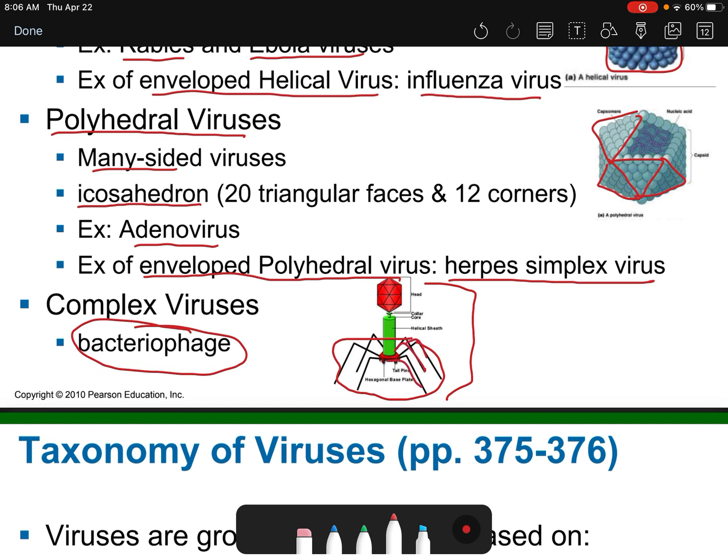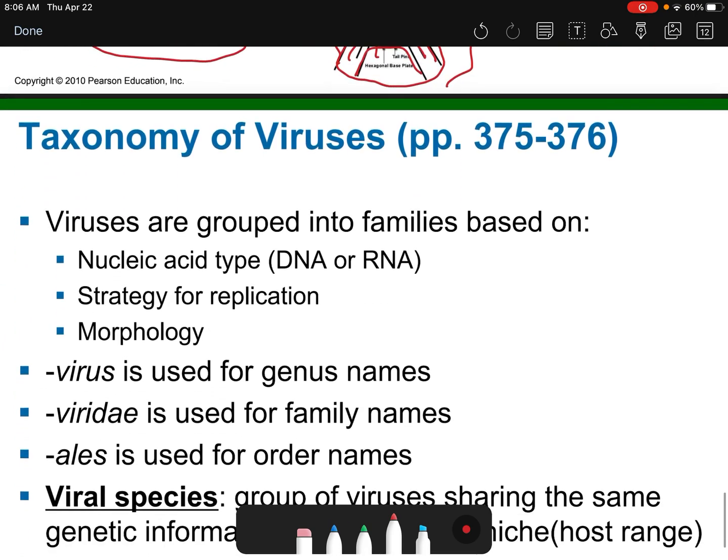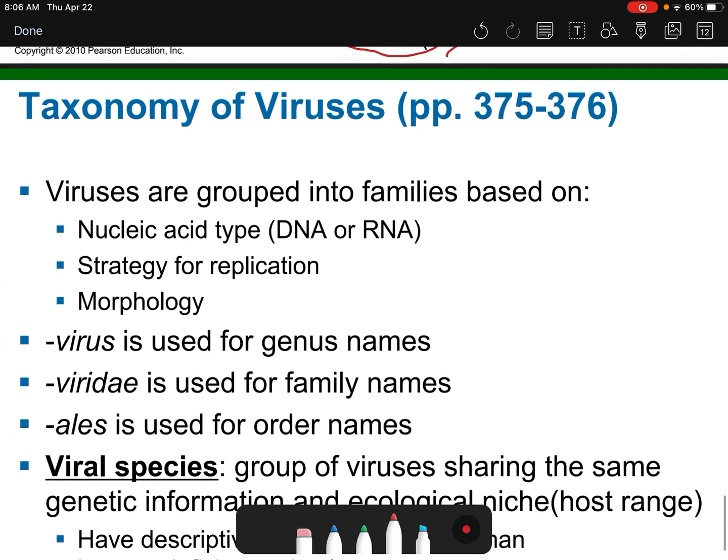These act as receptor sites that will connect to the receptor sites in the host cell, so they're almost like little docking stations. You have the head up here that's made up of the capsid and the nucleic acid, and then you have this sheath going through the tail part, and that's what will help inject the DNA into the bacteria cell that it's going to infect.